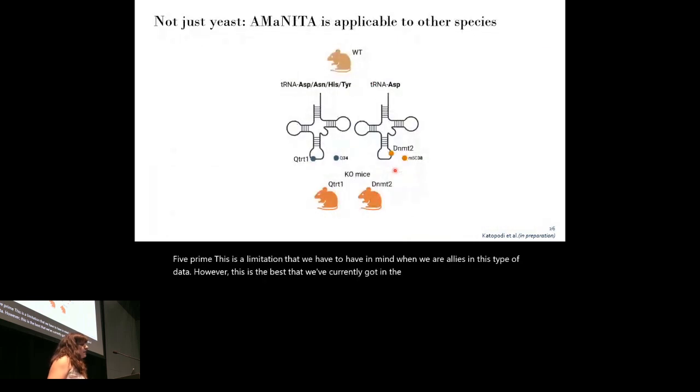But it's not just yeast. We also benchmarked it against other species. This is a wild type experiment in mice. Here we knocked out QTRT1, which is responsible for the queuosine modification at position 34, and DNMT2, which is responsible for the M5C at position 38, but at specific tRNAs.